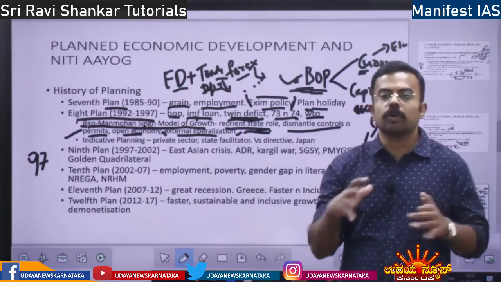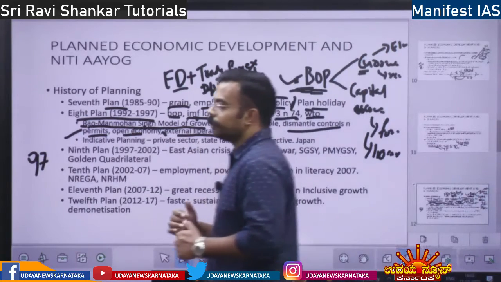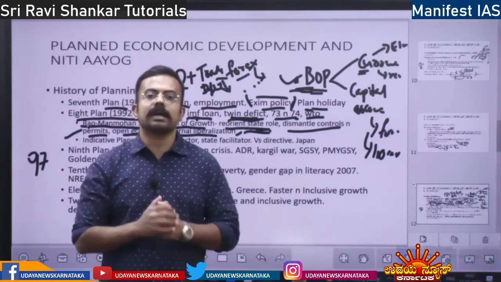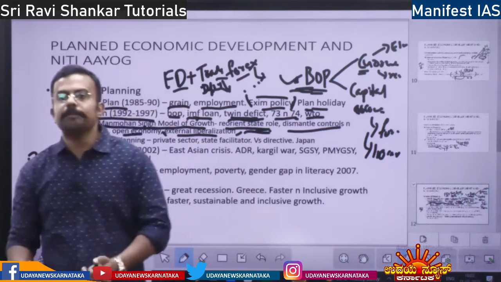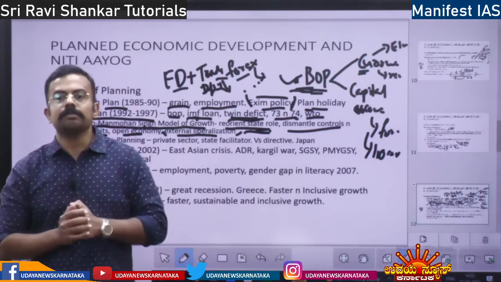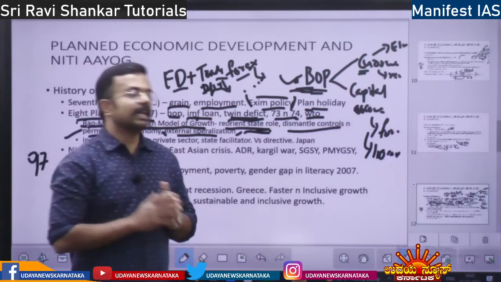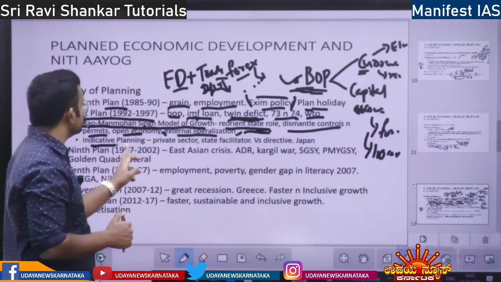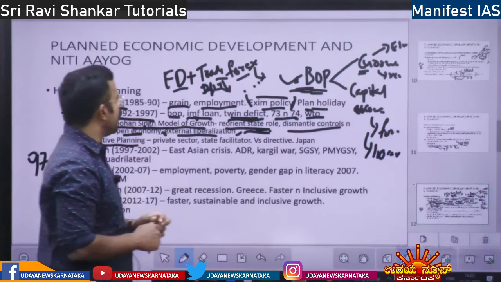Earlier it was closed. So foreign investment can come, foreign technology can come, foreign persons can come, foreign hospitals and banks can come, right? Foreign insurance can come, everybody can come. That is liberalization, right? Next, this planning is called indicative planning.